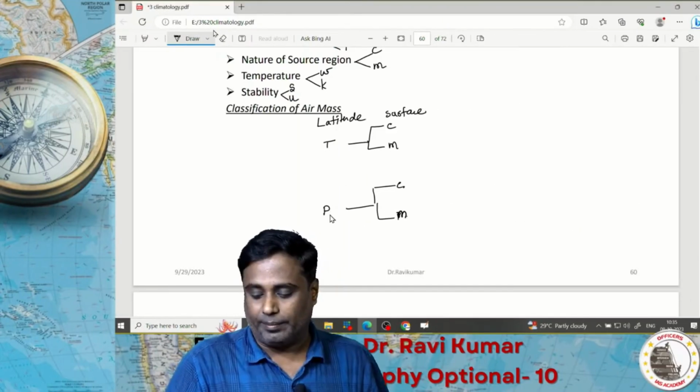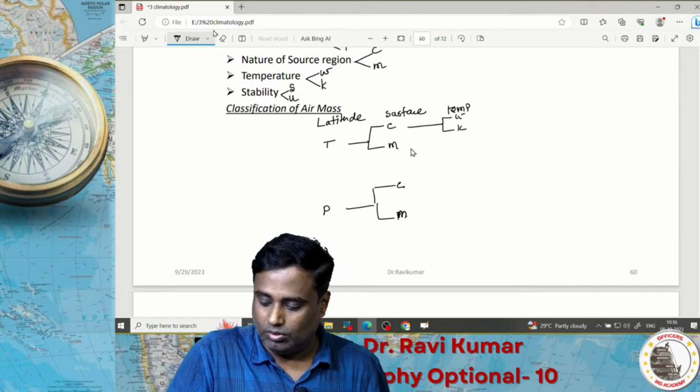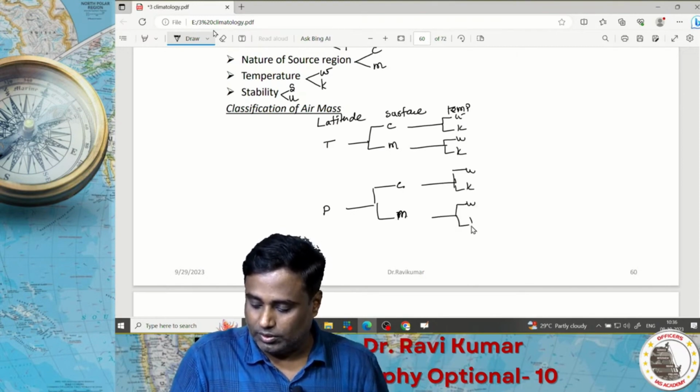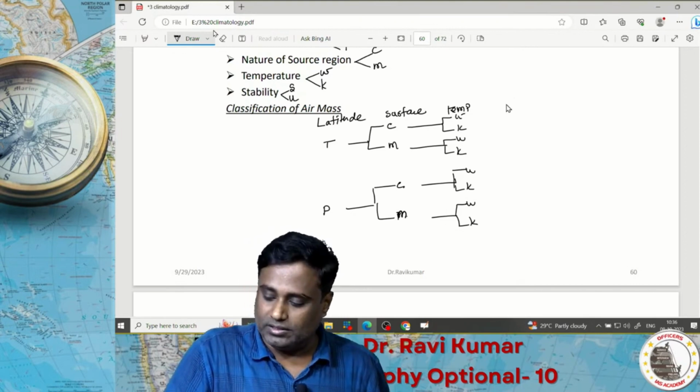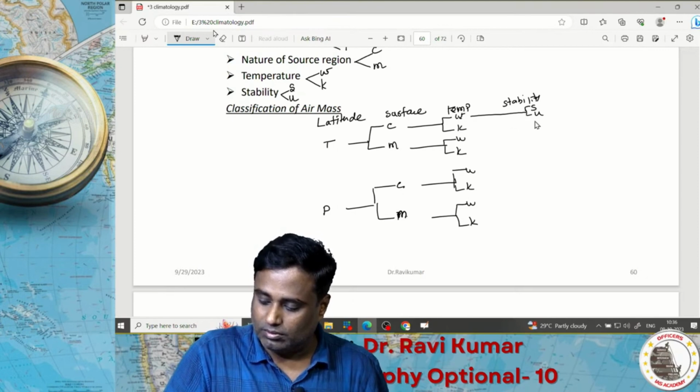C and M. Latitude, tropical and polar; surface cover, continental, marine, again continental, marine; and the temperature, again divided into two: warm and cold, warm, cold, warm, cold, warm and cold. Now again it is divided by stability. It becomes stable, unstable, stable, unstable.